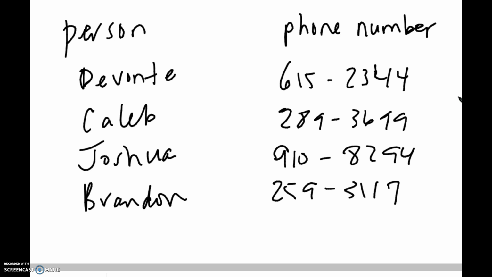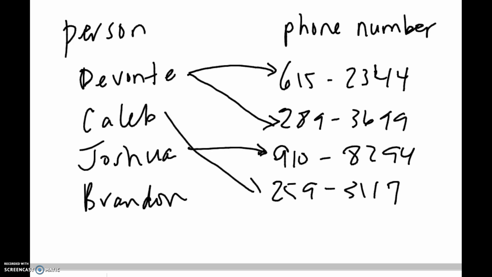And let's say that Devontae has two numbers. He has a home number and a cell number. Let's say that Joshua has this phone number. Caleb has this phone number, and Brandon says his is unpublished.